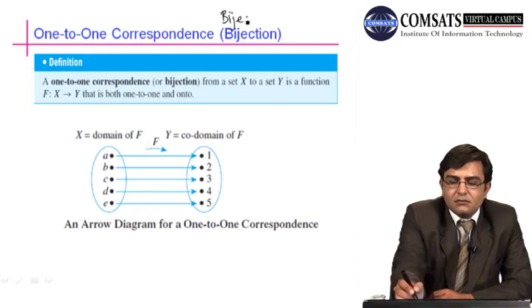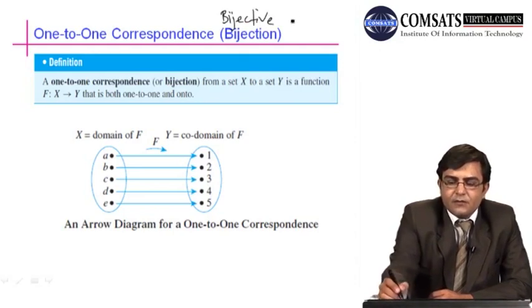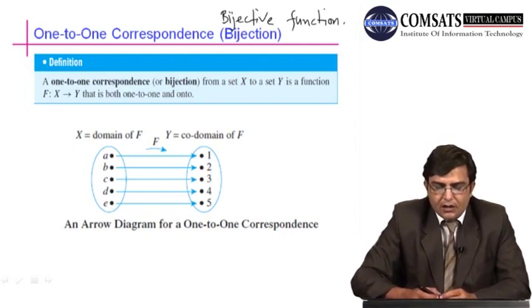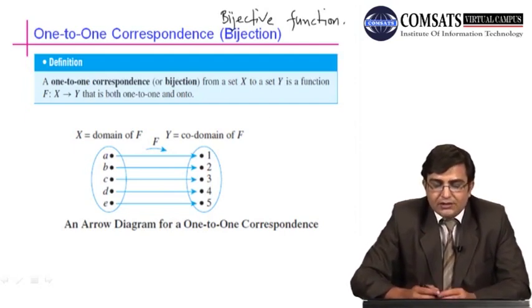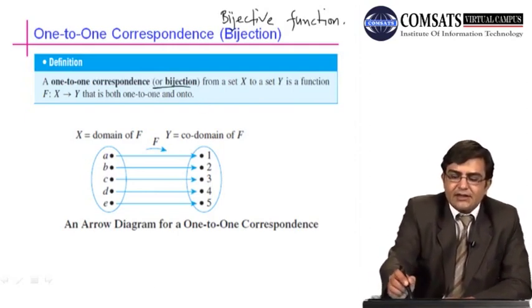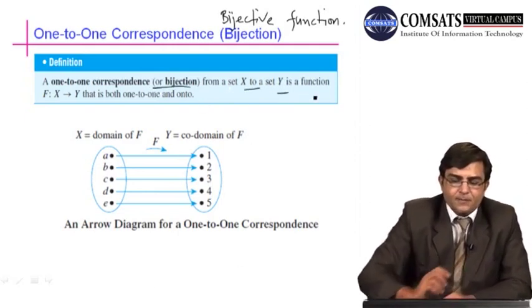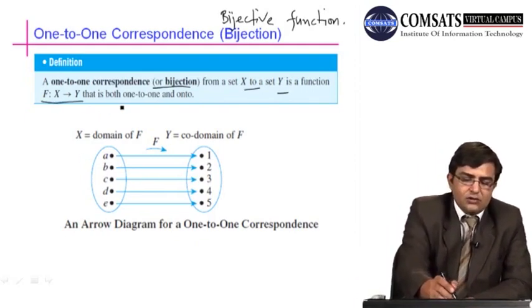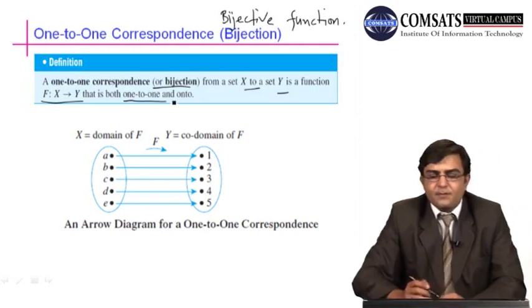So what kind of functions are bijective functions, or what is a one-to-one correspondence between the sets X and Y? A one-to-one correspondence or bijection from set X to a set Y is a function f from X to Y which is both one-to-one and onto.